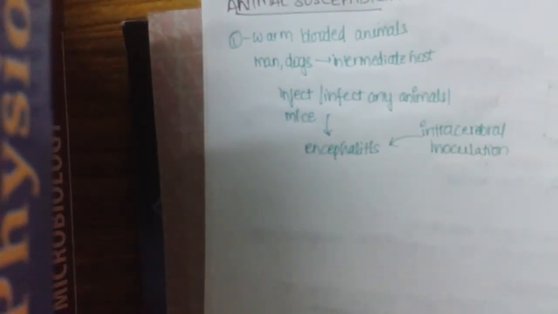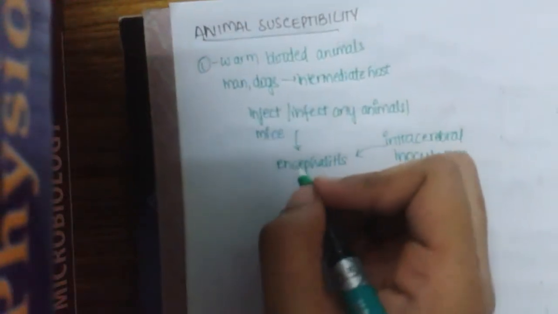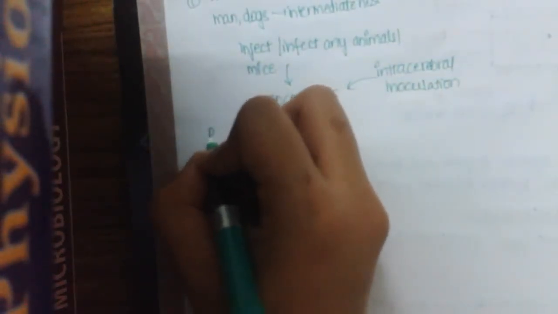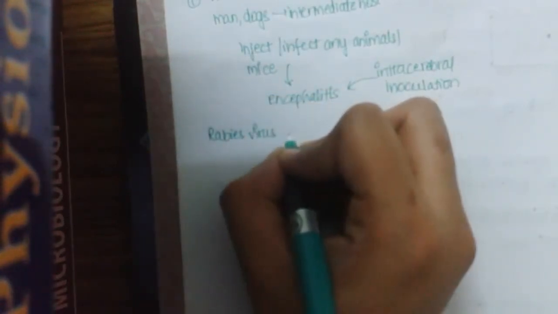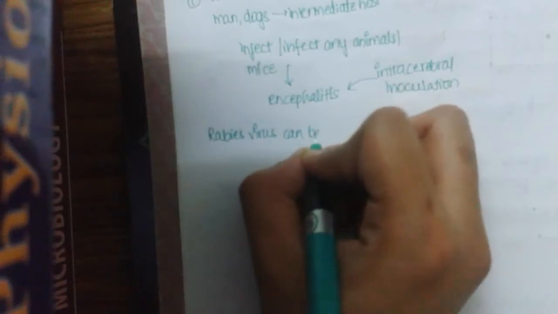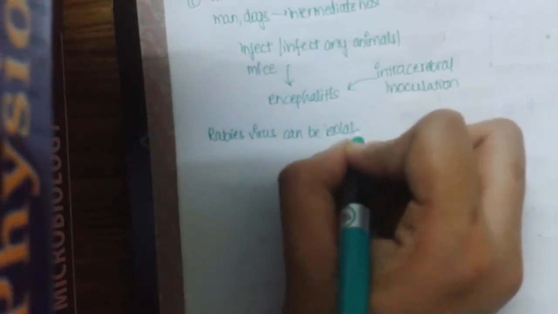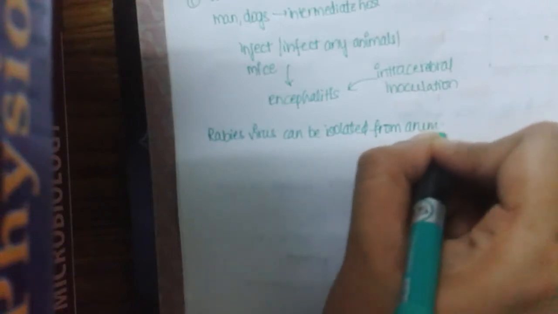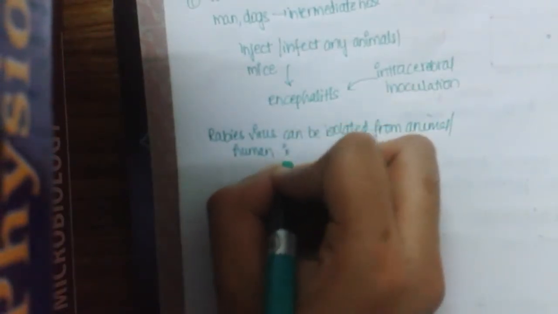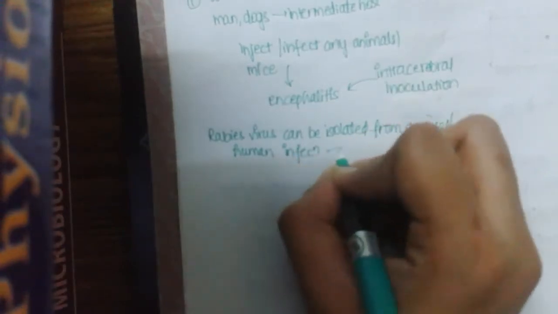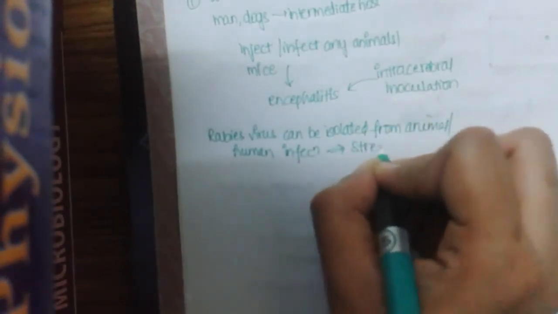And in the animals, if this rabies virus can be isolated from animal or human infection, this virus is called street virus.